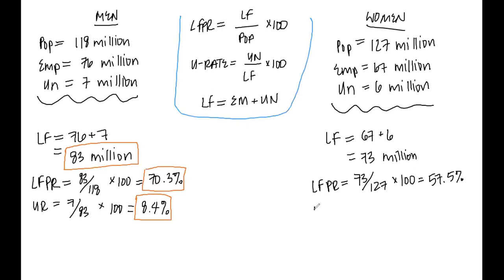And then finally, the unemployment rate. That'll be the unemployed over the labor force that we solved for, times 100, which equals 8.2%.